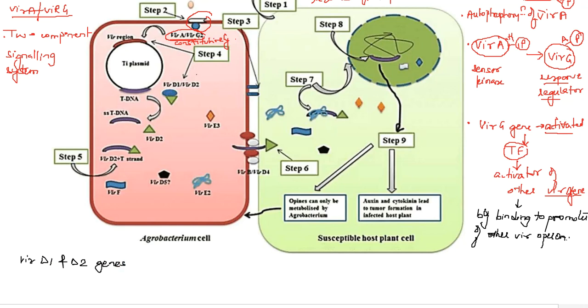As you can see in this picture, don't go with the steps written in the picture, follow what I am saying. What is the role of vir D1 and D2? They will generate single stranded tDNA, because single strand is going to enter into the plant cell, not the double strand.